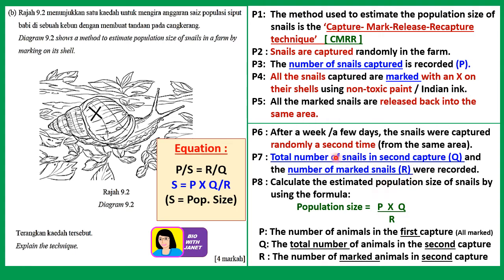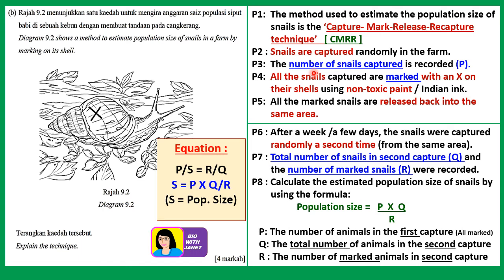When you capture the snails again in the second capture, this is your sample, where your total number of snails is Q, but out of that R were marked. So P over S equals R over Q. It's the same proportion.